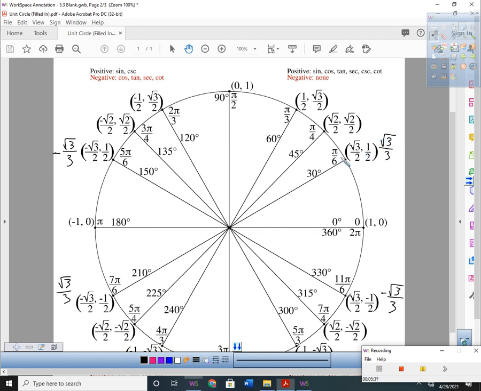I can actually figure out to go from 30 to 150, how many degrees is that? It's 120, right? So it's not 120, though, to go from 30 to 210, right? That's only 60.